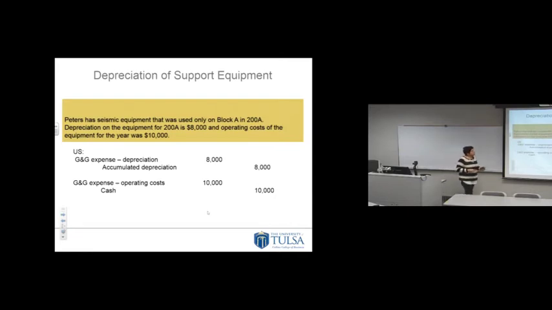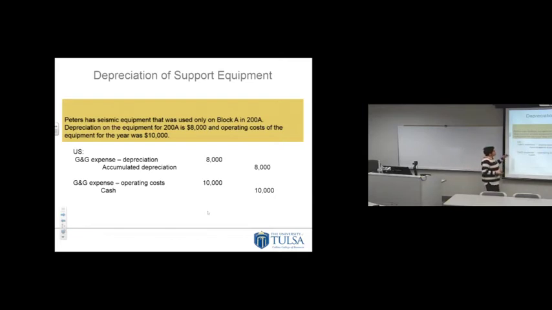Peters has seismic equipment, so instead of using a contractor, they're doing their own seismic. It was used only on Block A in 2000A. Depreciation on the equipment was $8,000 for the year, and operating cost was $10,000.